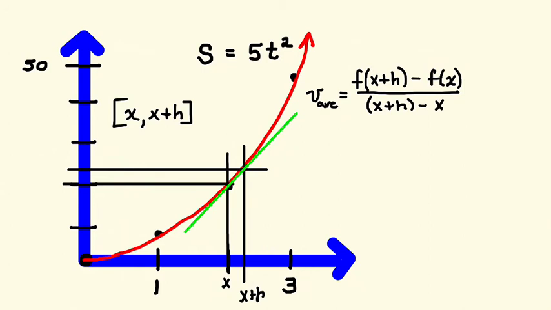Well, I can certainly rewrite this. Let me grab the numerator. It's f of x plus h minus f of x, and of course, x plus h minus x is just h. So that's the average velocity.